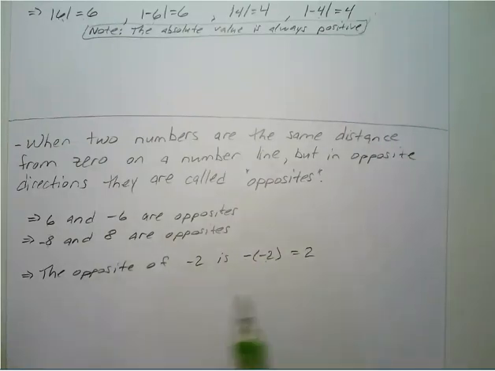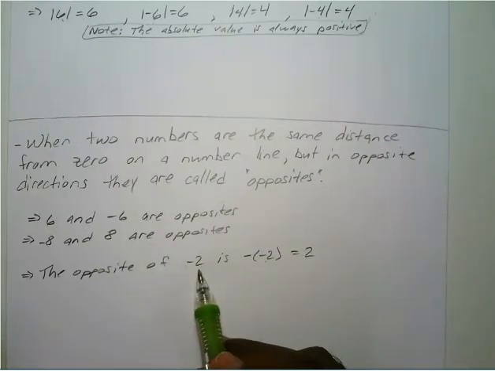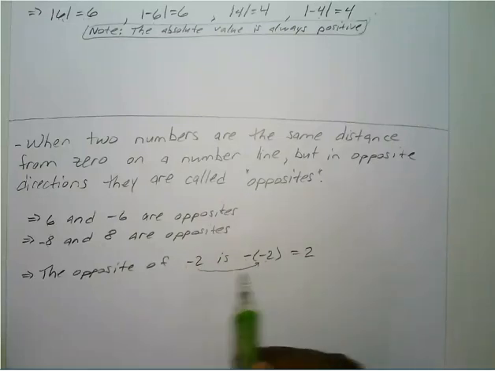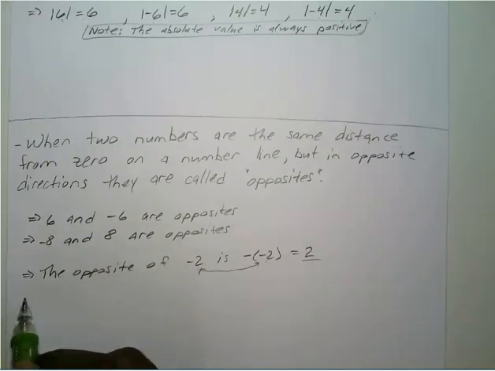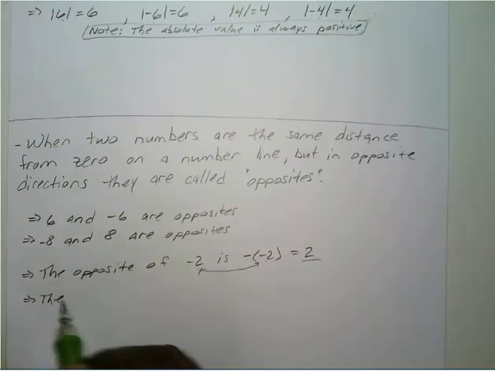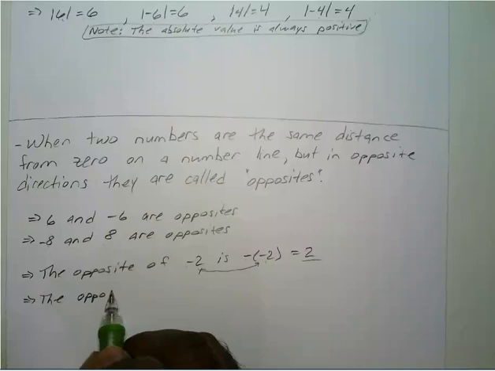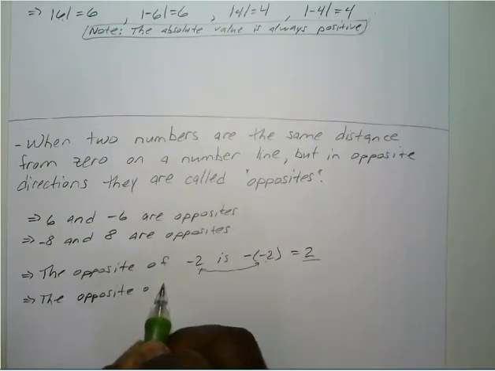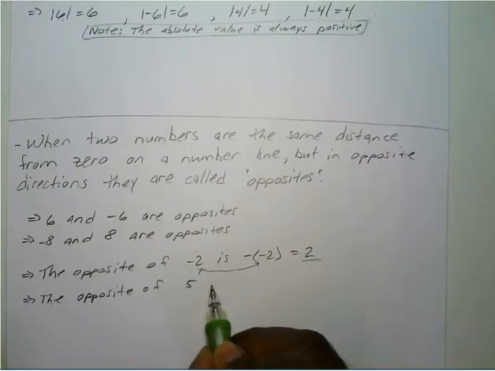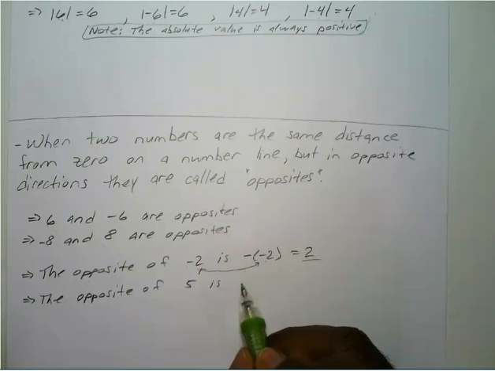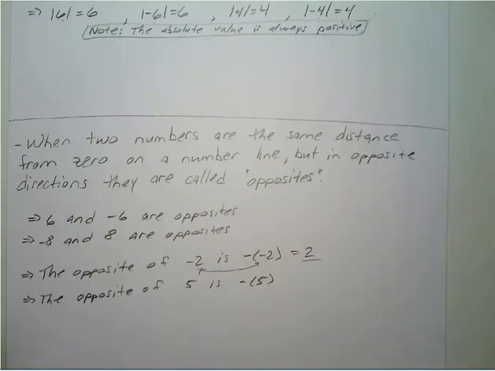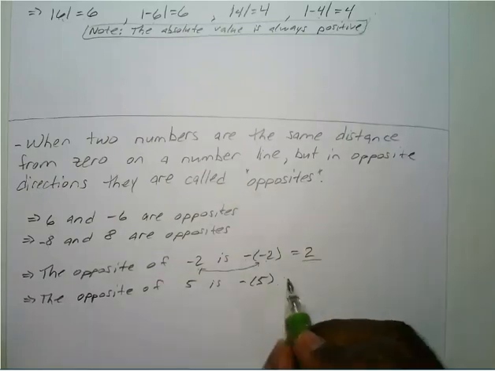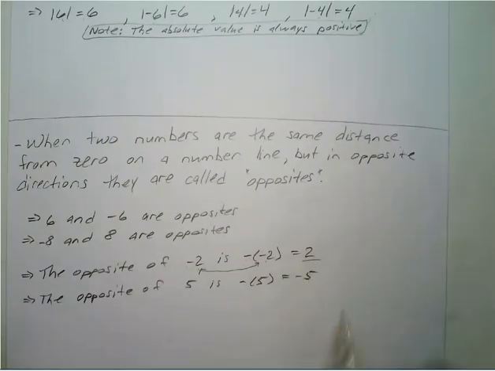So the opposite of -2, we just write it this way, but we still get the same answer of 2. Okay, so the opposite of 5 is just the opposite of 5. So the opposite of 5 is negative 5.